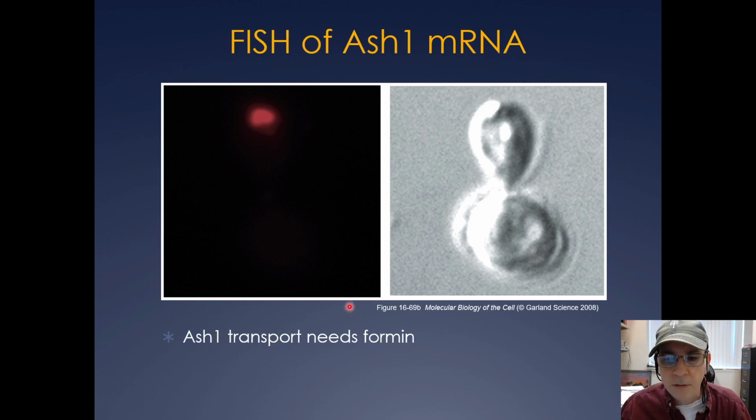It turns out that ASH1 is a messenger RNA that gets localized to the bud tip in Saccharomyces cerevisiae. It needs the actin-associated protein formin, which polymerizes the actin on the plus end, and that helps move the messenger RNA to the tip of the bud site.